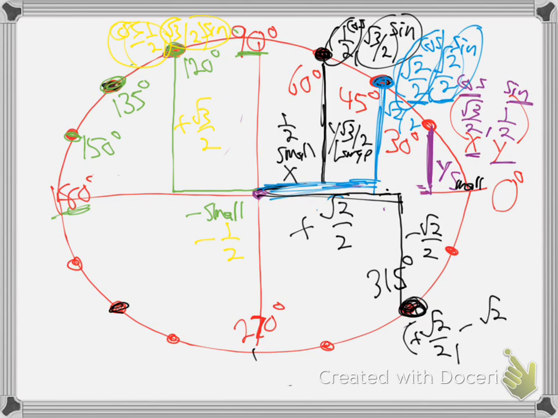The y is down root 2 over 2. This is the cosine. This is the sine. By common agreement, the cosine is x, sine is y, the reverse of what you would naturally do. So the cosine of 315 is root 2 over 2. The sine of 315 is negative root 2 over 2. We can get any of the angles using this. It's as simple as that. It's just small, medium, large.